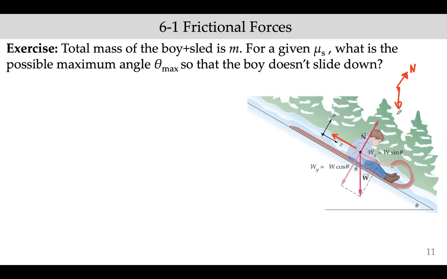In the down direction, we have weight, which is always mg. And in this direction, there is the friction force. Now, in this problem, we will take static friction because the problem itself says we don't want the boy to slide down, so we want it to be static.